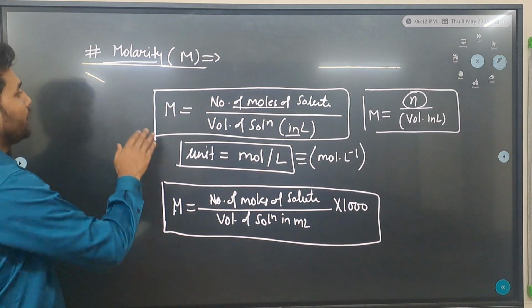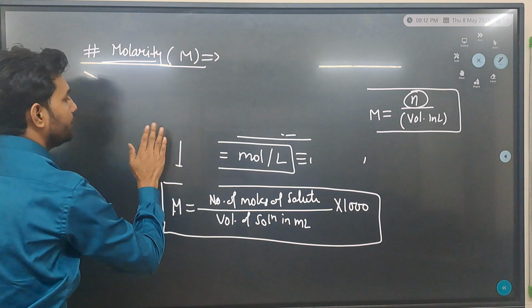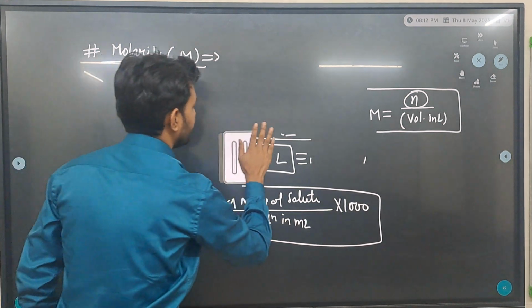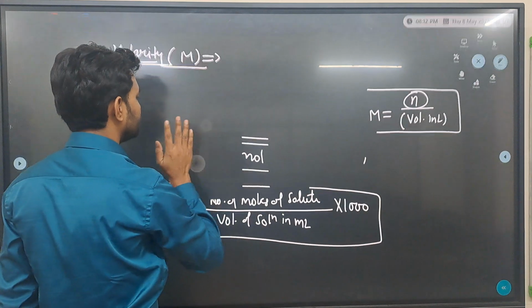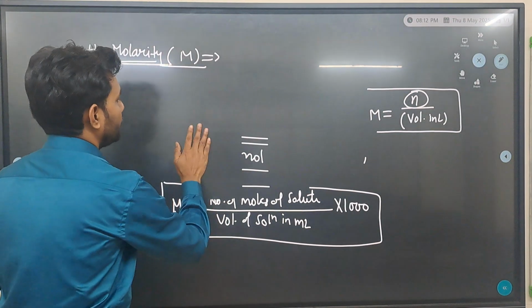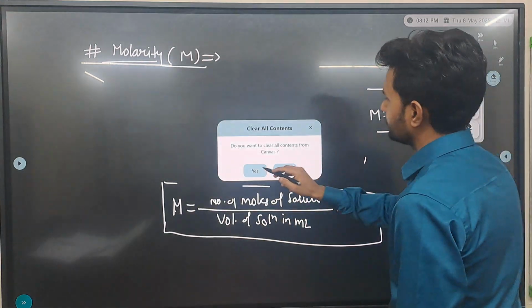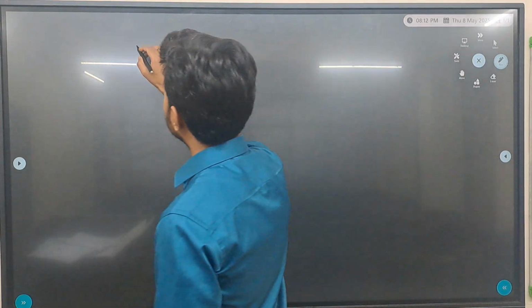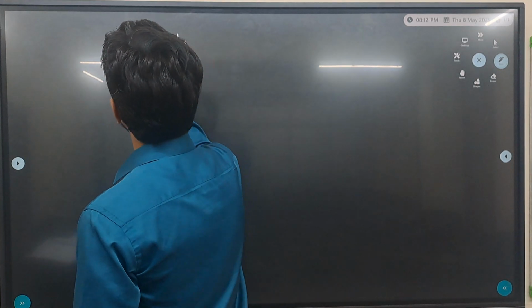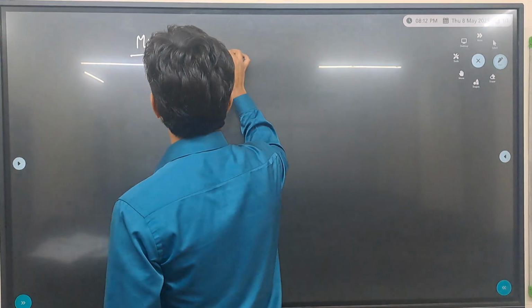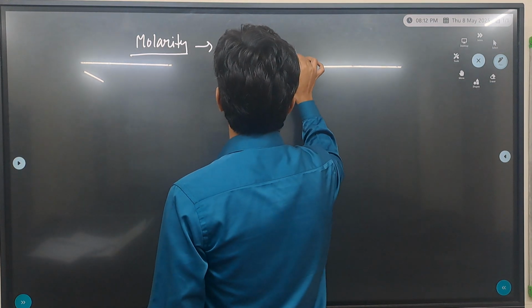Molarity in terms of dilution and mixing. First formula is M is equal to n by volume in liter.